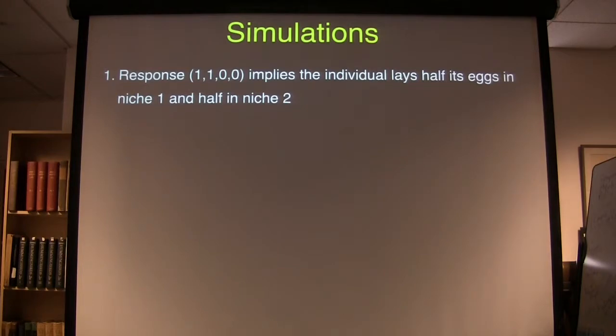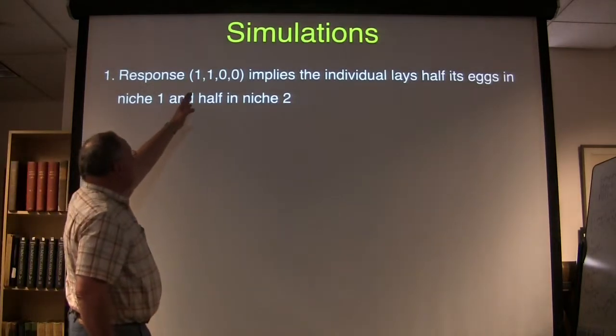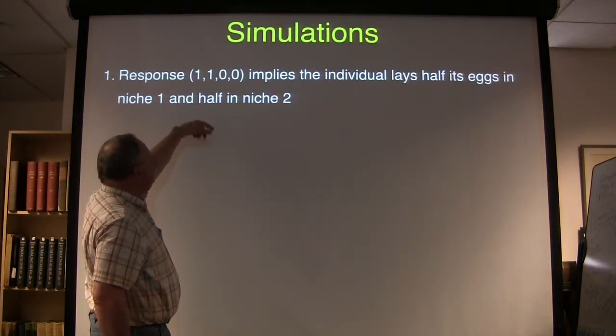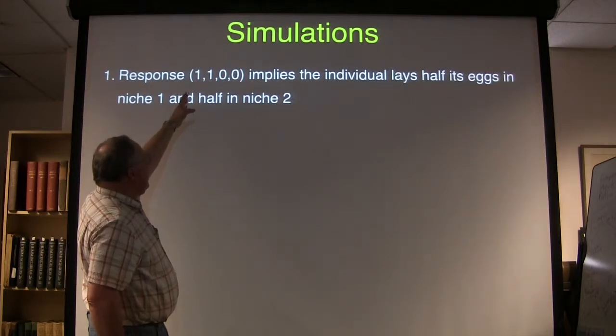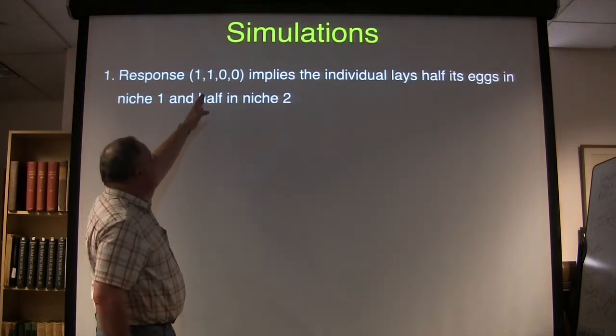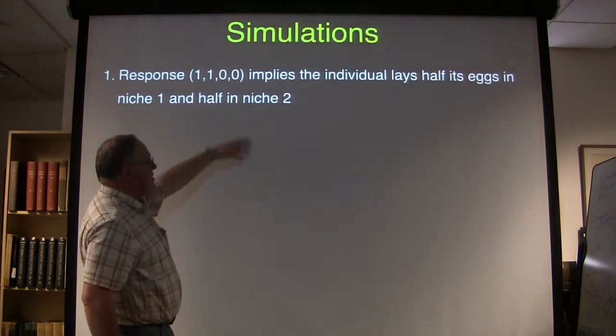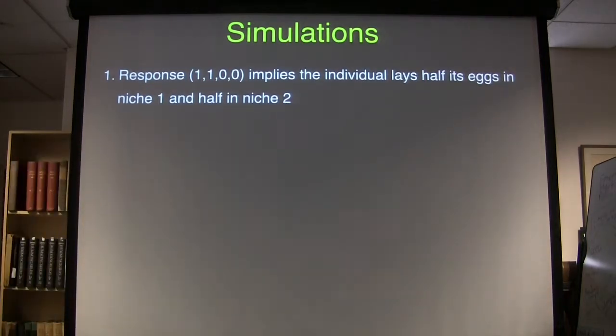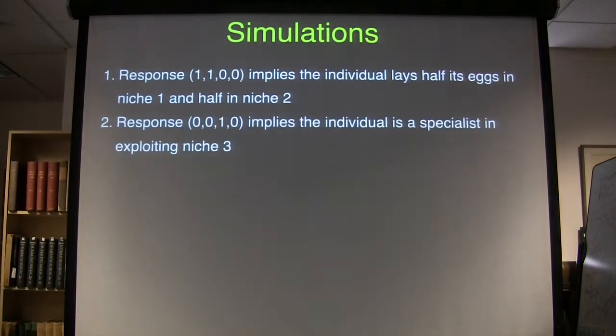So we do some simulations, and in these simulations, if the simulation output is 1, 1, 0, 0 for a particular individual, it means that individual lays half its eggs in niche 1, half in niche 2, none in niche 3, none in niche 4. So that's kind of the output.